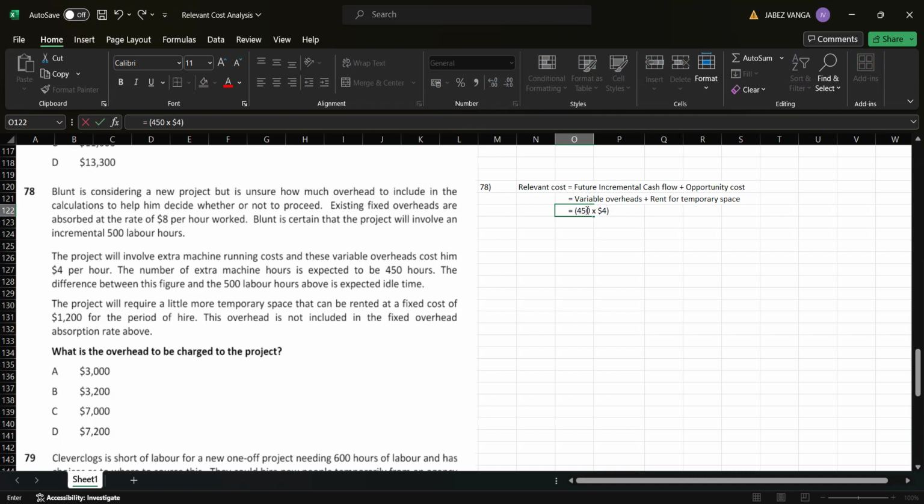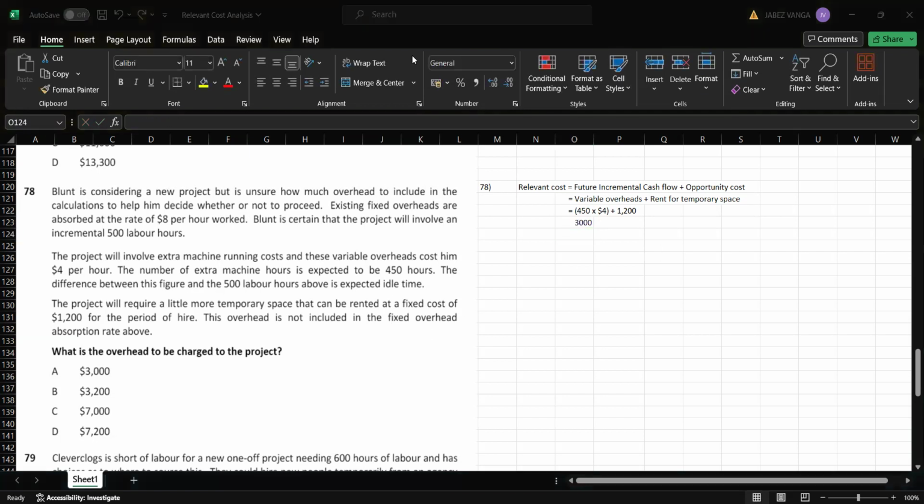This is one part of the cost. Plus another part of the cost, both of them are future incremental cost, which is 1,200, is equal to 3,000. 3,000 is option A. That's the answer. Hope that's clear.